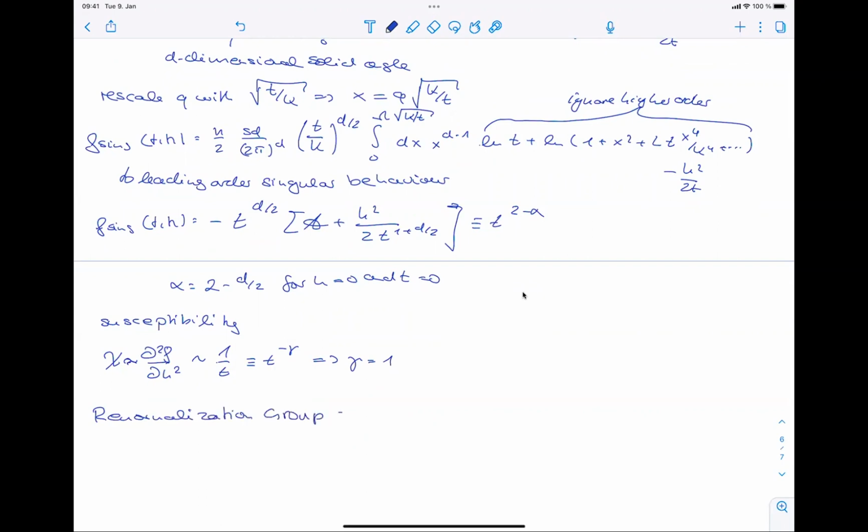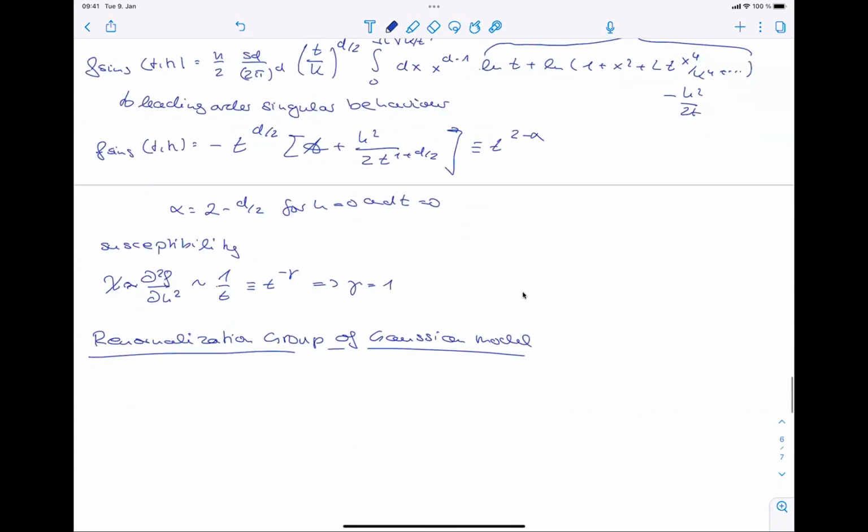So now we look at the renormalization group of the Gaussian model. The idea here is, I go back to this: we go in Fourier space, we have our Brillouin zone, and to solve for the singular behavior, which is dominating the dynamics at q equals 0, we go to the hypersphere of radius capital lambda.